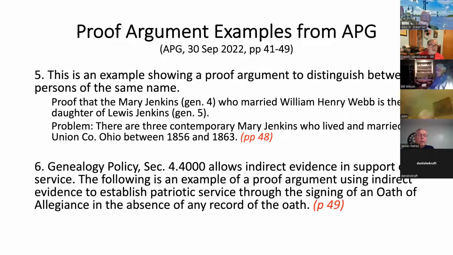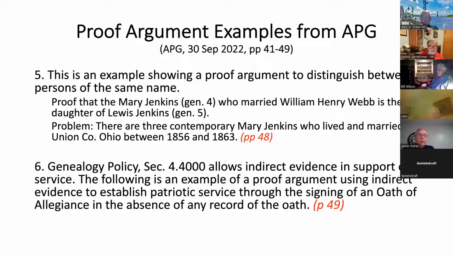The last 2 in there: this one I consider a very common example. They were trying to prove Mary Jenkins was married to William Henry Webb. The problem was they had 3 women with the same name who lived and married in the same county in Ohio within a span of 7 years, but they were able to prove it.